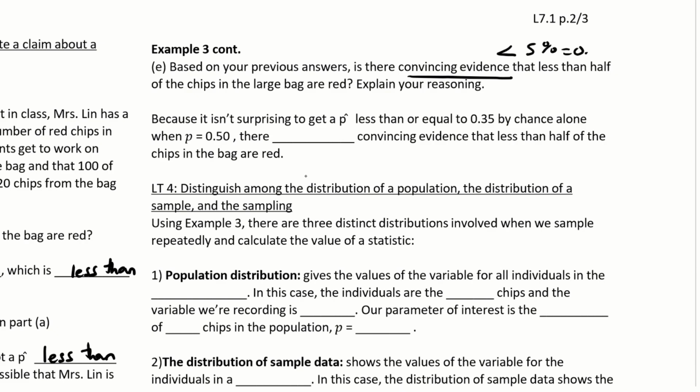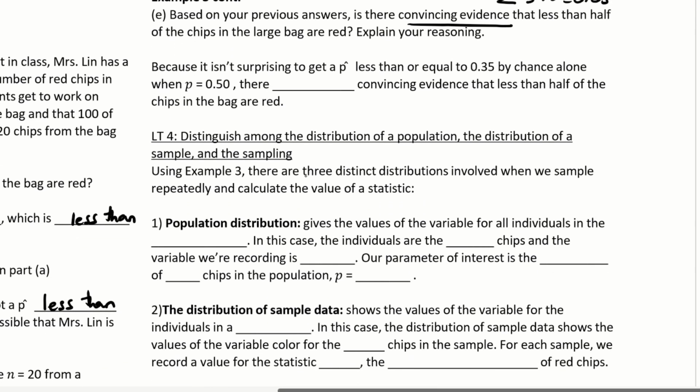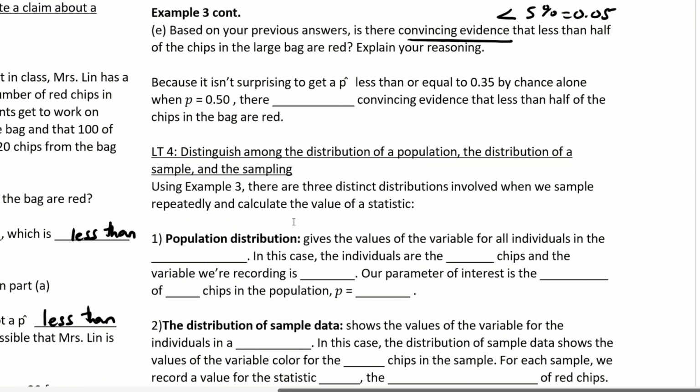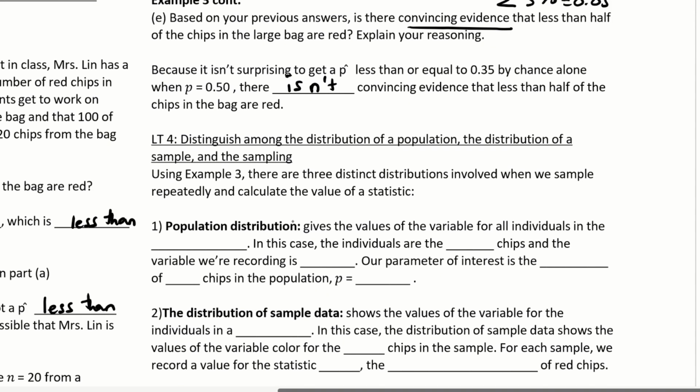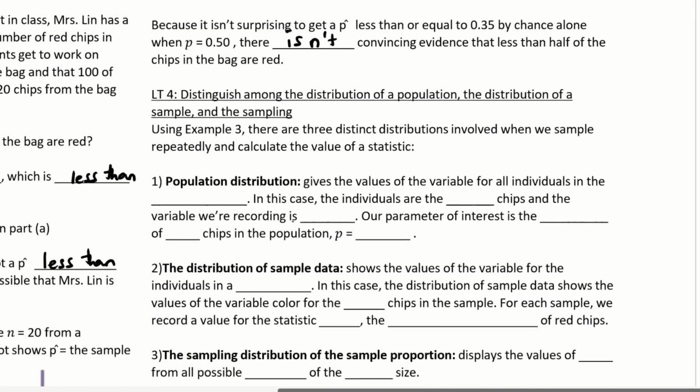Because we said it's not surprising to get this p-hat, since it's greater than 5%, unfortunately there isn't convincing evidence here. So there isn't convincing evidence that less than half of the chips in the bag are red, which means it's just possible that Jenna, by chance, picked 7 red chips out of 20.